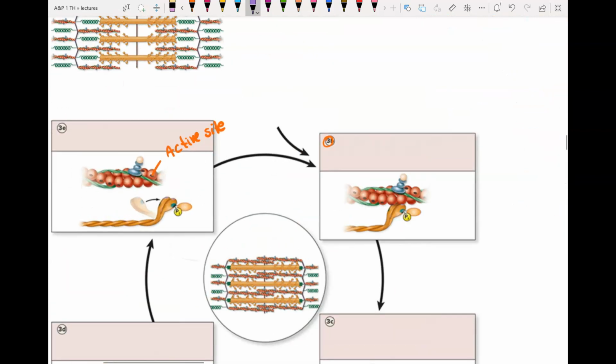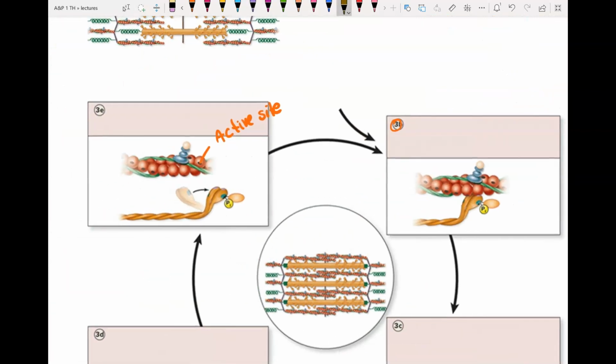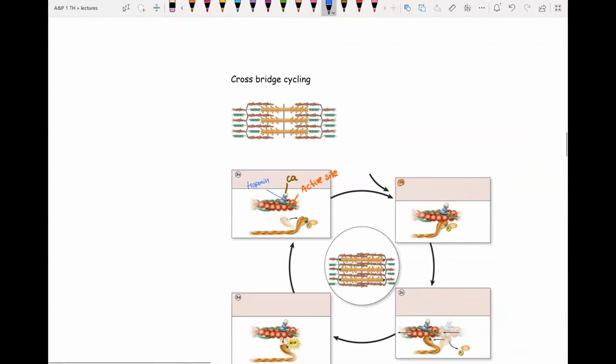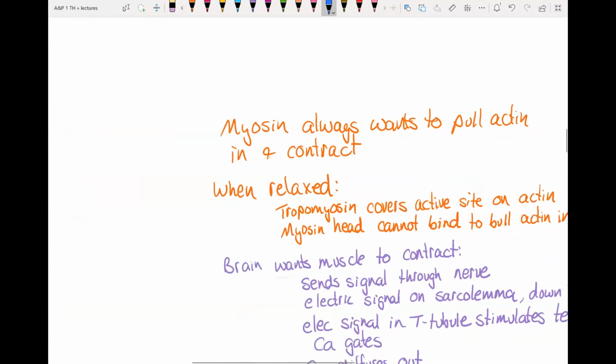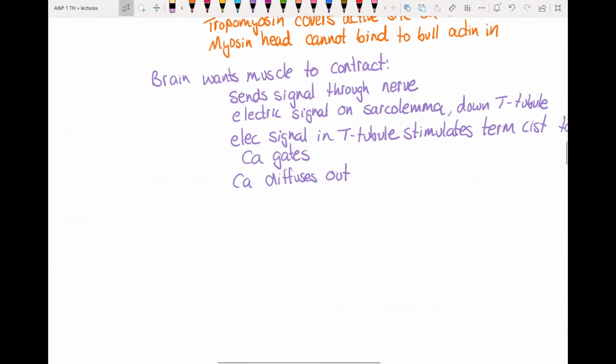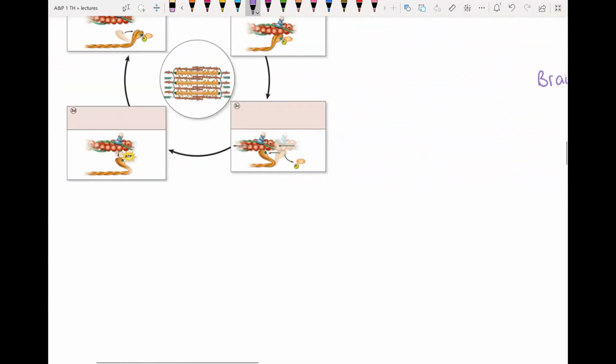Okay, in this picture, that little tan dot is the calcium. And do you remember what the blue thing is? The blue is troponin. Notice the calcium binds to the troponin. So once the calcium diffuses out, it binds to troponin. Troponin is attached to the tropomyosin.